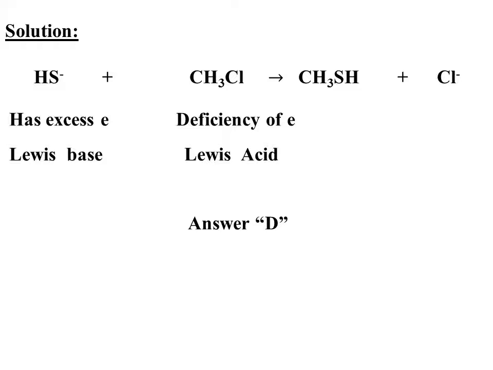Lewis acid. HS⁻, in HS⁻ there is what? One excess electron pair. This implies HS⁻ is a Lewis base. The answer should be D, because HS⁻ is a Lewis base.